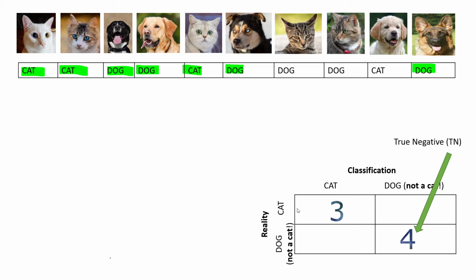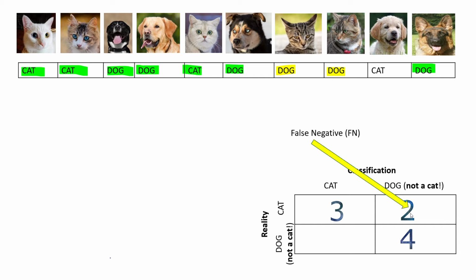Now, let's look at the instances where a cat is being incorrectly classified to not be a cat. And those are these 2 instances. In this particular one, the cat is pretty disappointed. So we put the number 2 here, and this is what we call false negative. The algorithm incorrectly classified something as not a cat, and that is false.